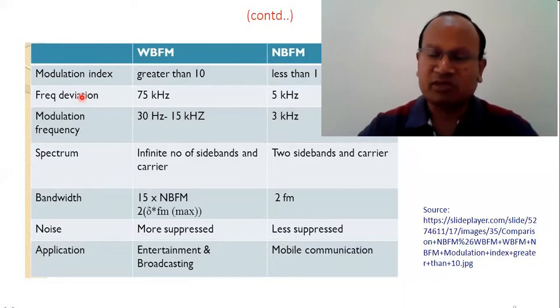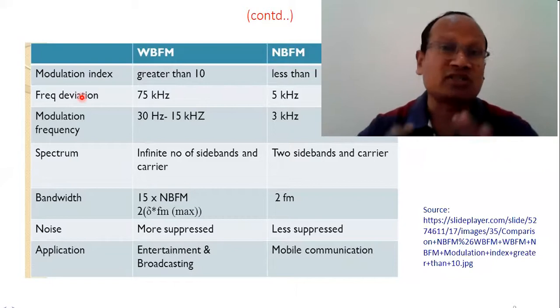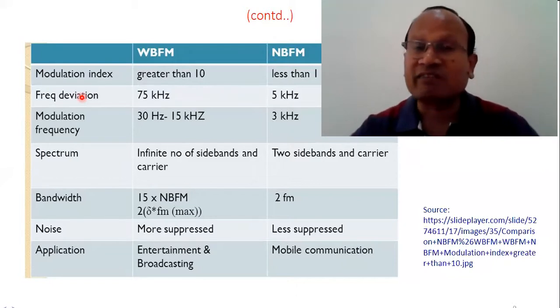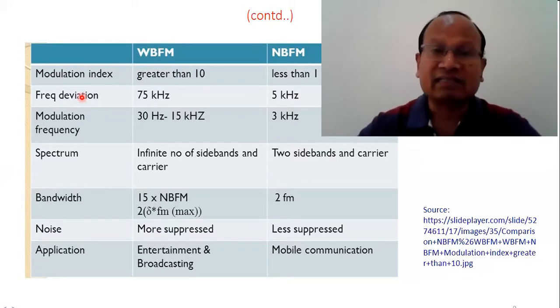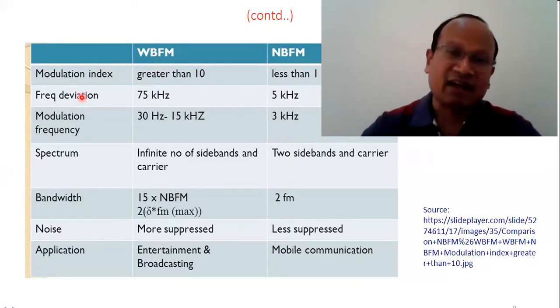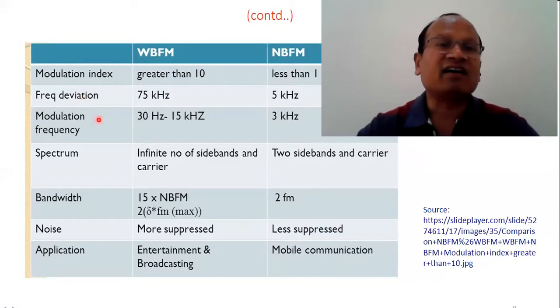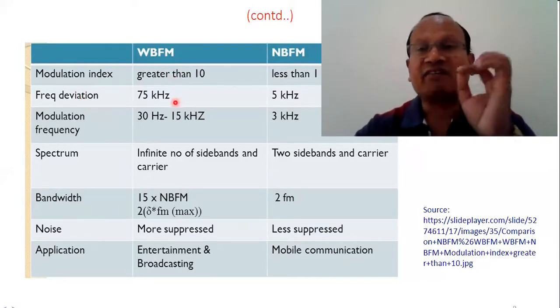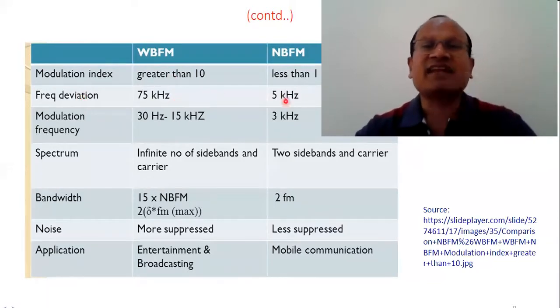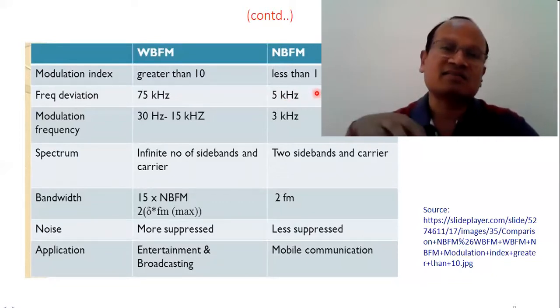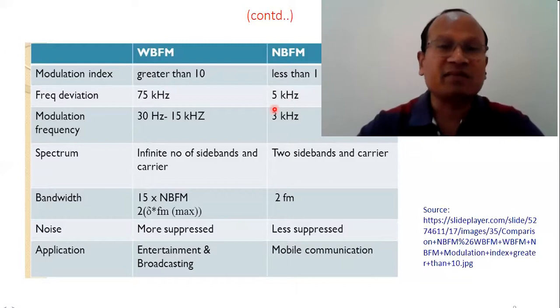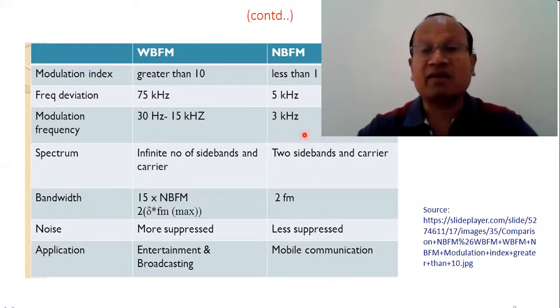Now, we may think that the maximum frequency deviation may be hundreds of kilohertz. No, that much variation is not allowed. So how much maximum variation is allowed in WBFM? 75 kilohertz, whereas in NBFM it's hardly 5 kilohertz. The modulation frequency in NBFM is 3 kilohertz.